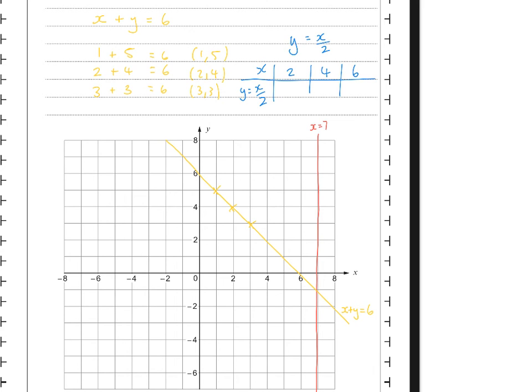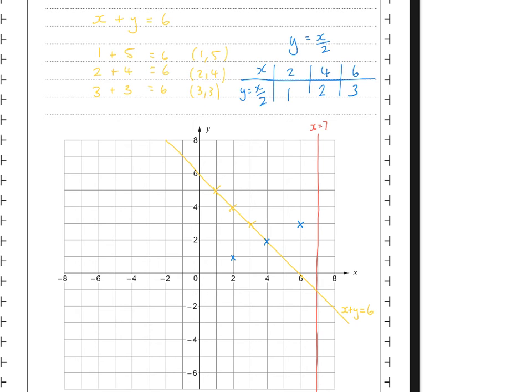So what is 2 divided by 2? So x was 2, 2 divided by 2 is 1. Then what is 4 divided by 2? So this time x was 4, 4 divided by 2 was 2. And finally, 6 divided by 2 is 3. So I'm now going to plot (2, 1), (4, 2), and (6, 3).